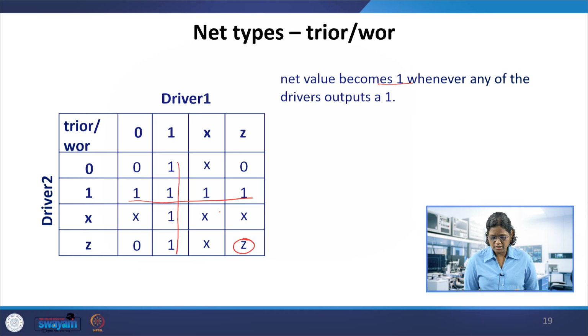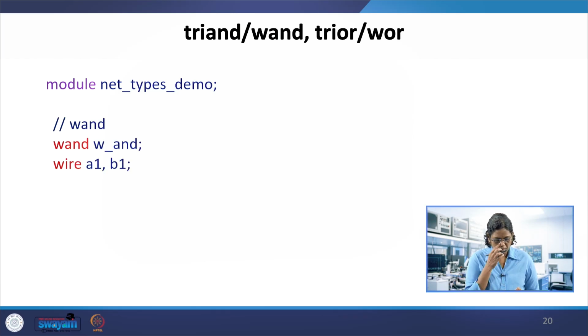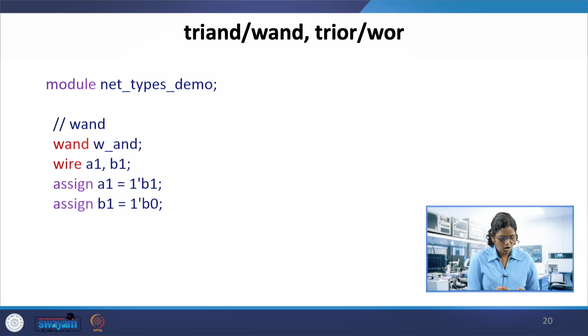So let us take this and see one example for tri-and, wire-and, tri-or, and wire-or. The net type demo, you can take wire-and. How do we declare this? wand w, a variable, whatever is your choice, and these wires A1 and B1 are wires in this. Now we assign 1 to A1 and 0 to B1.